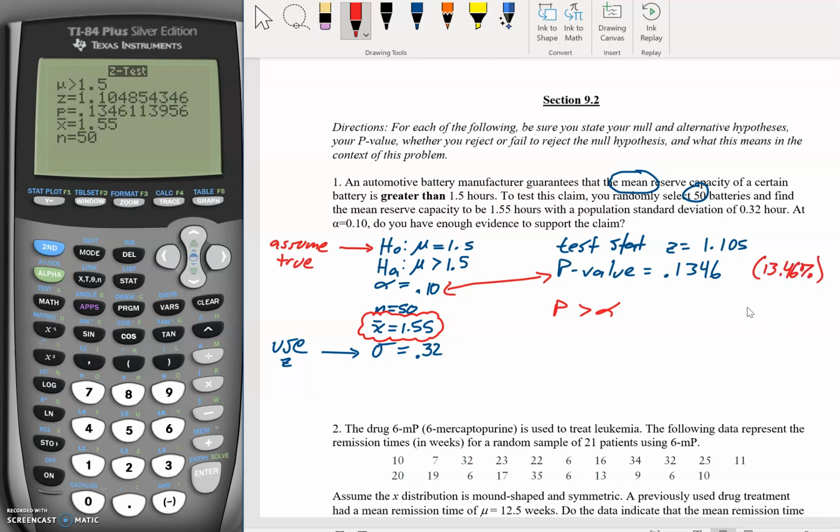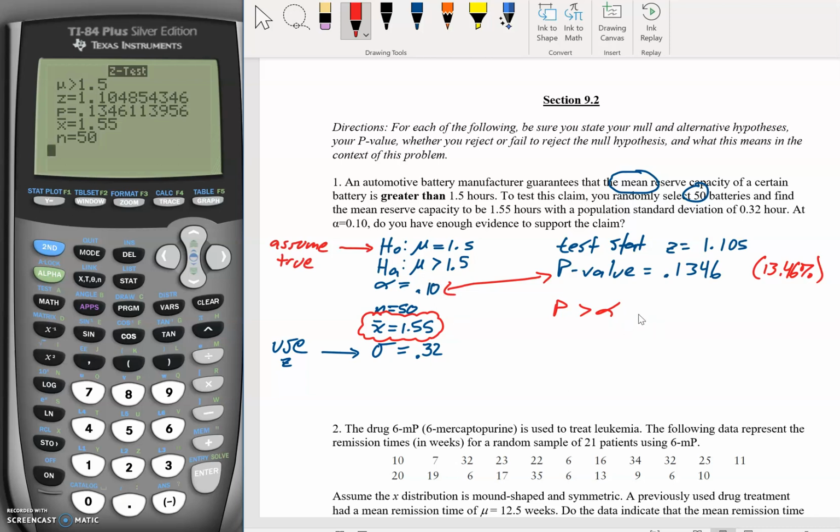Well, 13.46, maybe that doesn't sound like a whole lot, but we compare it to our alpha level. So we want to say, what's the likelihood of getting this result, assuming that the null is true? If your p-value is really small, that's when we say, hey, something's kind of suspicious, something's fishy here. But in this case, our p-value is not very small. It's certainly not smaller than the alpha level.